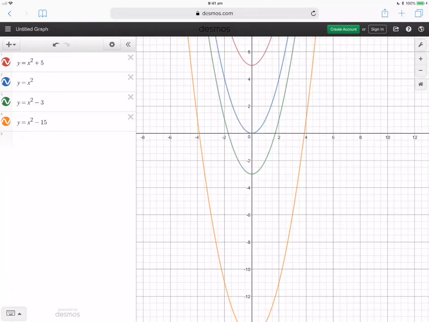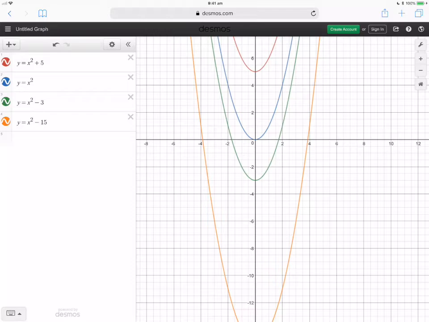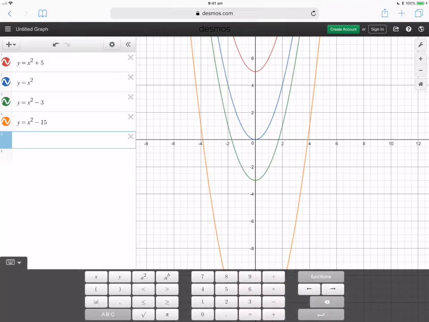So that number on the end shifts the parabola vertically. If it's positive, it shifts up. If it's a minus, it shifts down. Okay, so now we know how to change the shape of the parabola. We know how to make it happy and sad, and we also even know how to move the parabola up and down. Now, to move the parabola left and right, let's have a look at what we can do there.